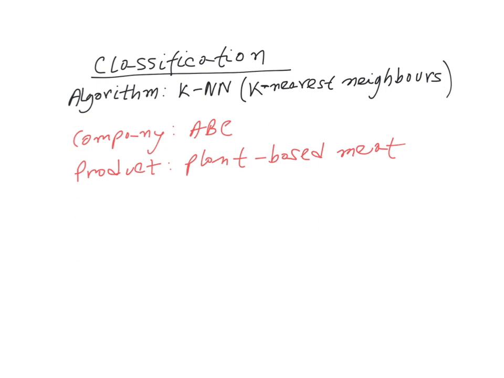Okay, so they have the following information. For the consumers, they know the age and the income, and also purchase history.